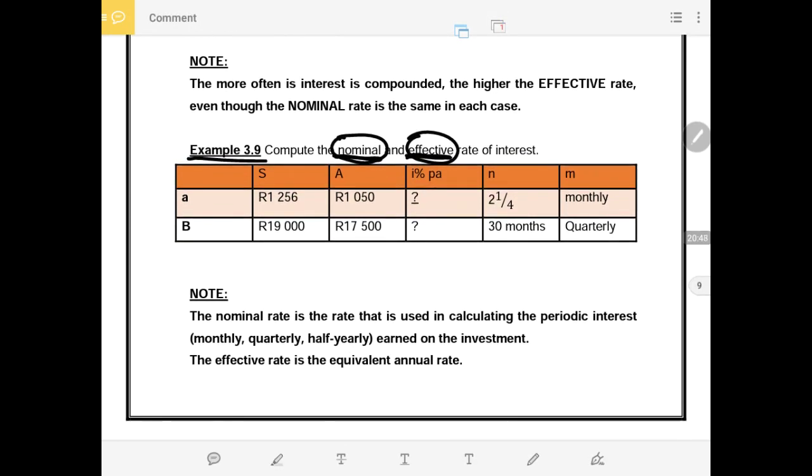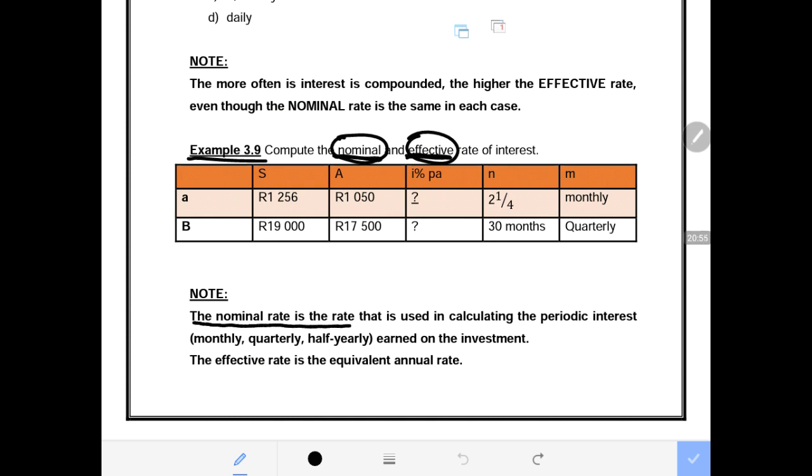And in unpacking that question, I will have to bring your attention to this very important note that says the nominal rate is the rate that is used in calculating the periodic interest, monthly, quarterly, half yearly, on the investment. So the nominal will be quarterly, monthly, or half yearly, but the effective rate of interest is the equivalent annual rate. And the fact that it says annual rate means we're looking at the annual rate of interest.